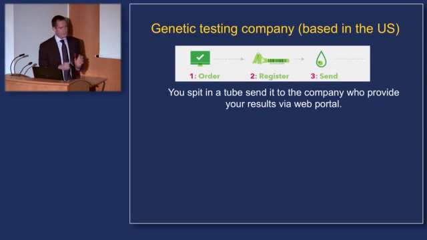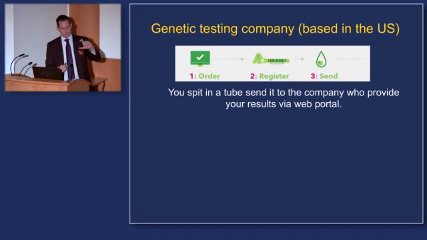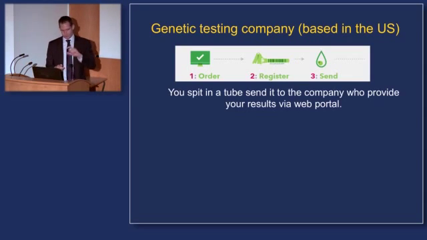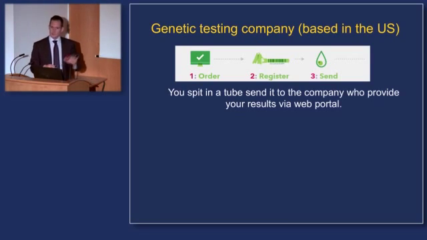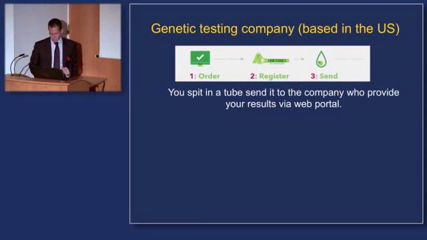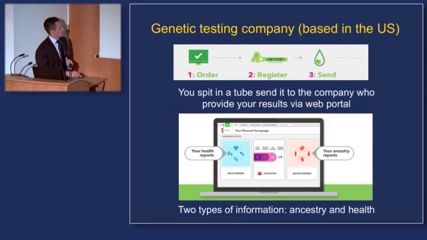You can order a kit that's sent to you, which includes a little spittoon, and you spit in it, and you send that back to the company. They'll then extract your DNA, and they'll run that DNA analysis on exactly the same technologies that we use to do the large studies that I've just described. And then they will send you a digest of that information back to you via a web portal, just like your bank account or your Facebook page and so forth.